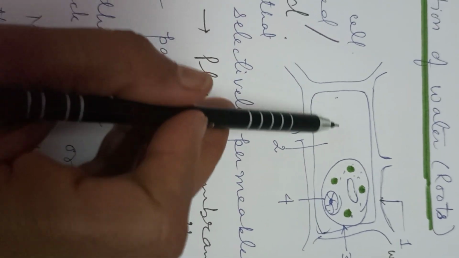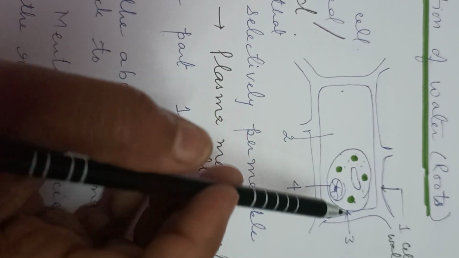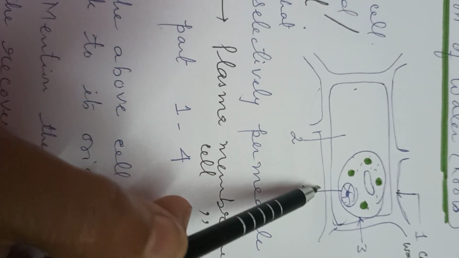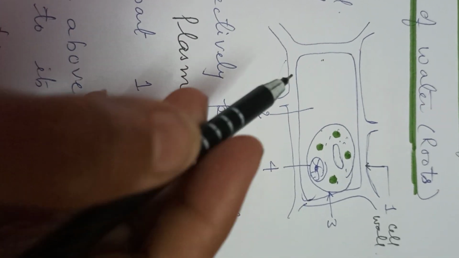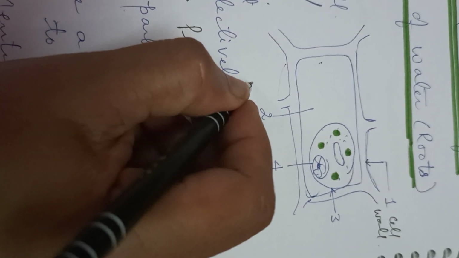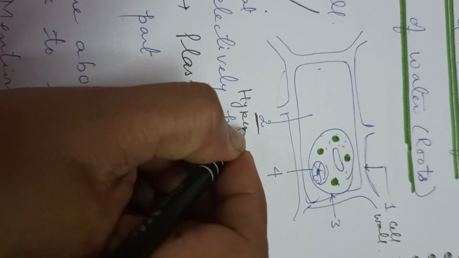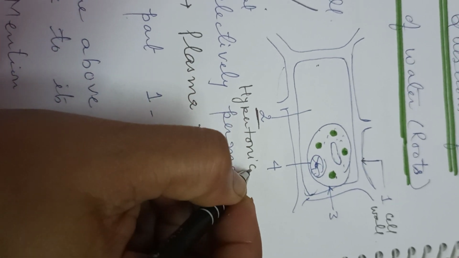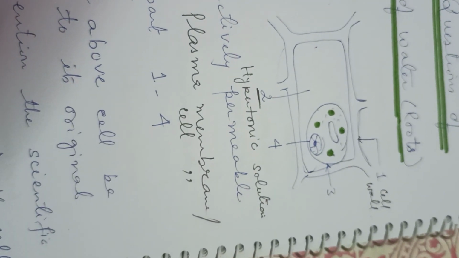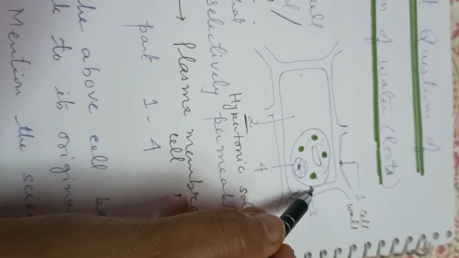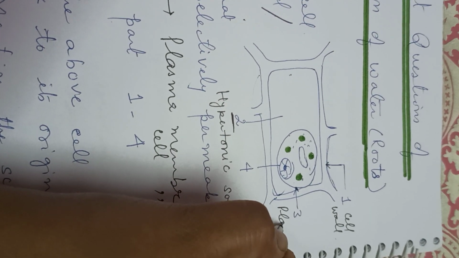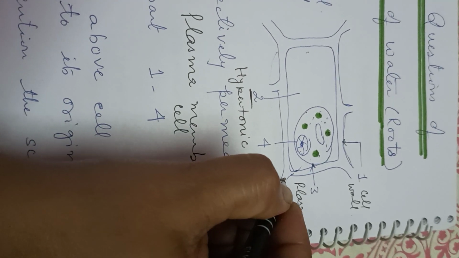Number 2, the vacant place is here, but as we know, this type of condition occurs when the cell is kept in a hypertonic solution. So at the place where number 2 is written, we will write hypertonic solution. So this is the correct answer for number 2. Number 3 is indicating this membrane, so we know that this is the plasma membrane.